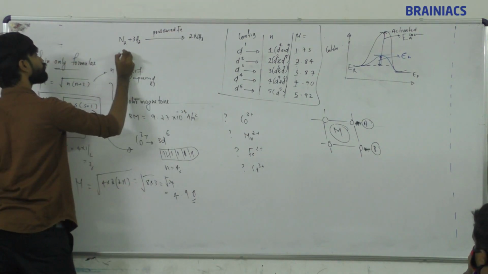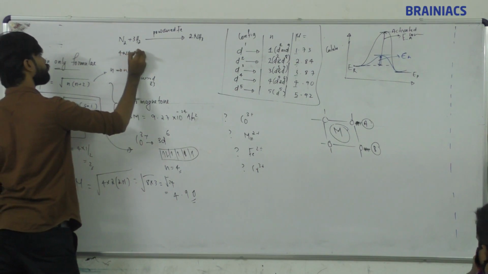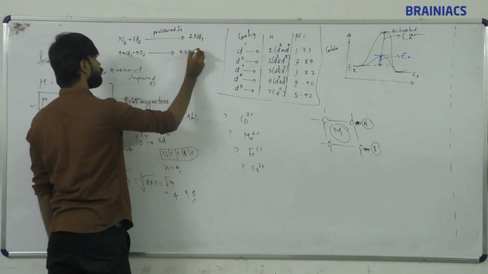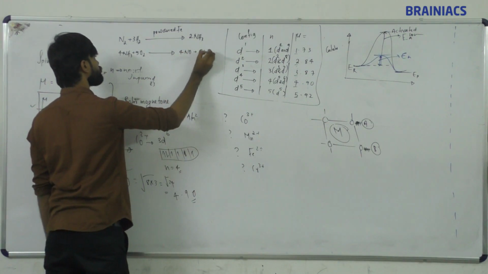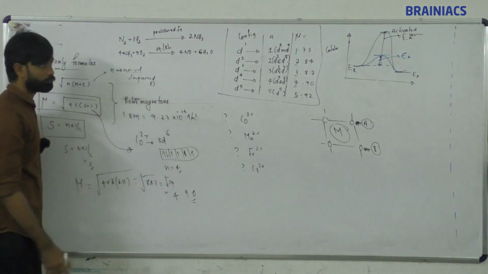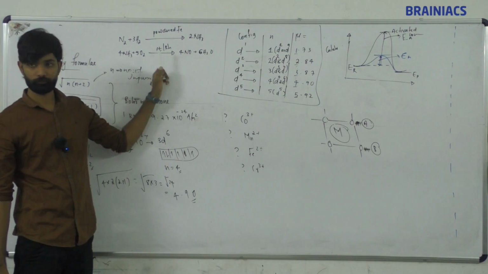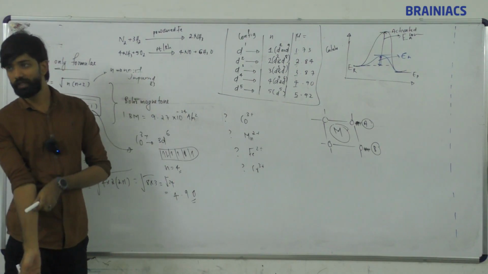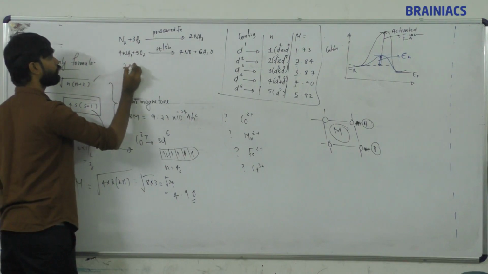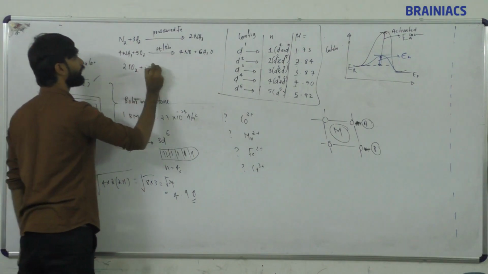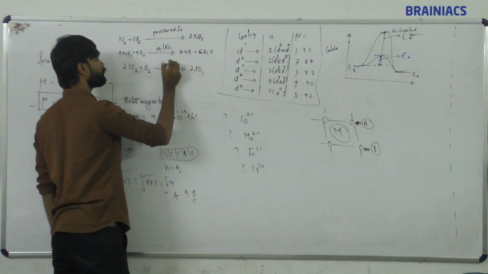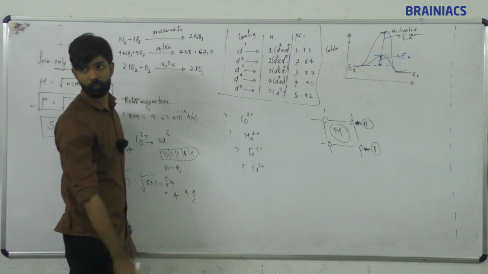And in case of Ostwald process, 4NO plus 6H2O, platinum rhodium wire gauze is used as catalyst, a mixture of platinum and rhodium. These all are transition metals, right? Okay. And in case of the contact process, vanadium pentoxide is used as catalyst, and this is an oxide of a transition metal.